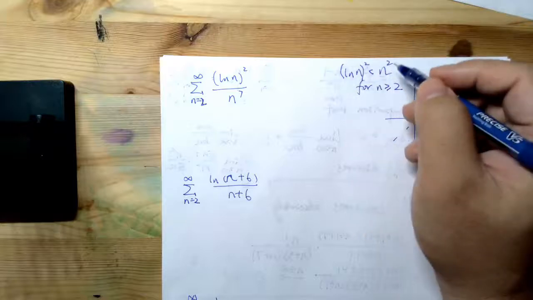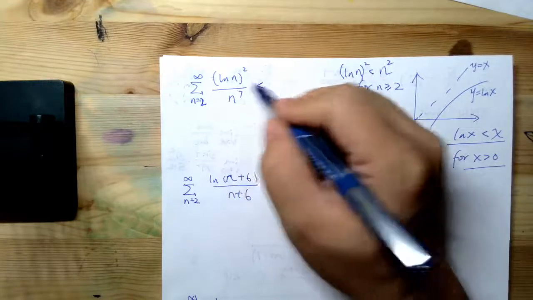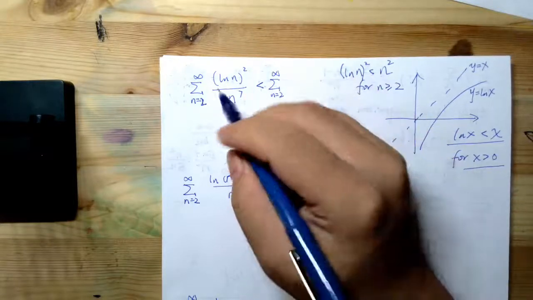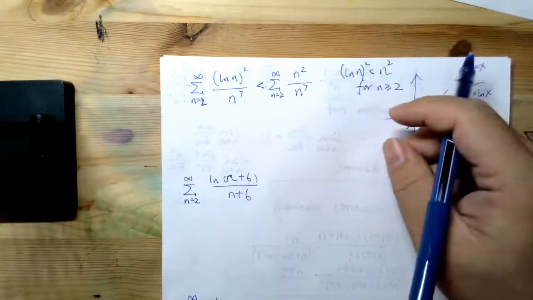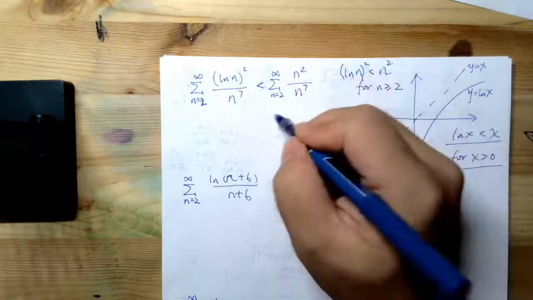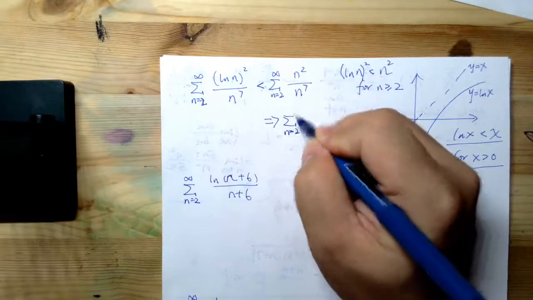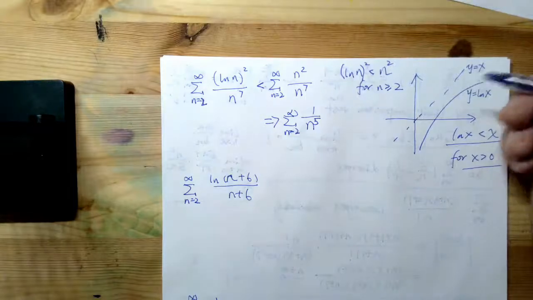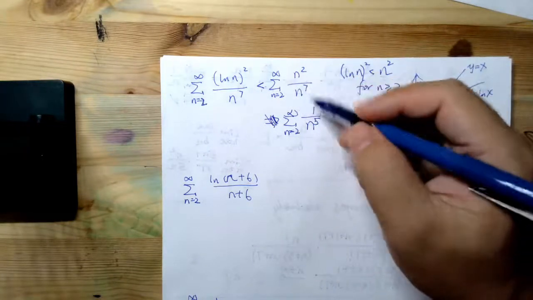From this inequality, what we can construct is that this series is less than n squared over n to the power 7. Now look at what we have here. This is actually 1 over n to the power 5.